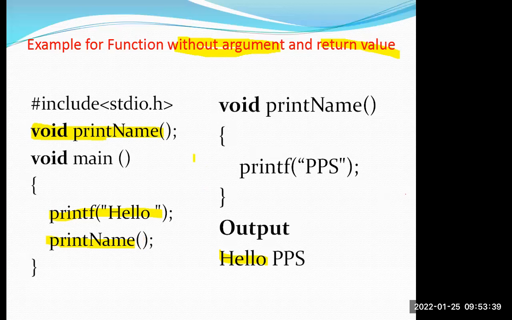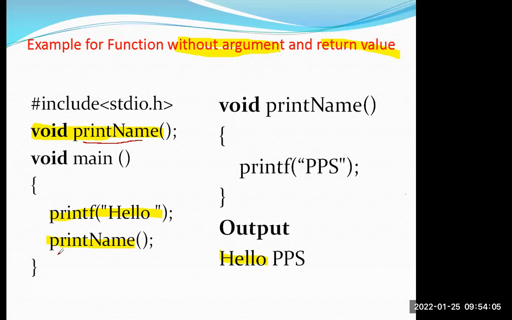When you call print name, open bracket, close bracket, semicolon, and execute this statement, it is seen as a function name. Already you have defined the function name as void, so the compiler comes to know that print name is the function name.